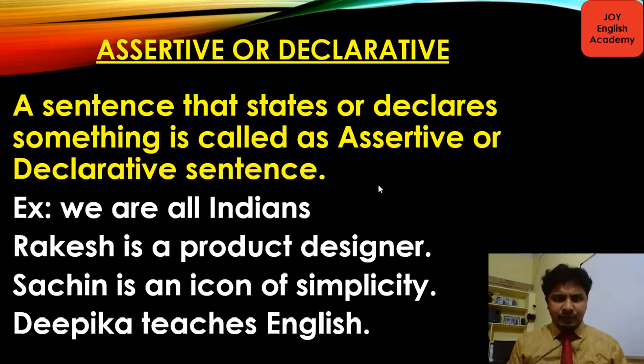We are all Indians. So this is a universal statement that we are all Indians. And Rakesh is a product designer. So we are talking about a person by name Rakesh, okay, who is the subject. And what are we talking about Rakesh? Saying that he is a product designer. So it is definitely having a subject, okay.